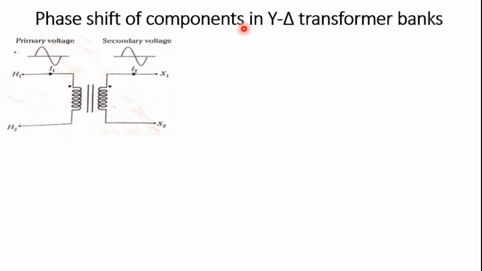Whereas in the case of star to delta or delta to star transformers, the winding connections can be made so that the phase shift between the transformer windings is equal to n into 30 degrees, where n is a whole number called the hour number.